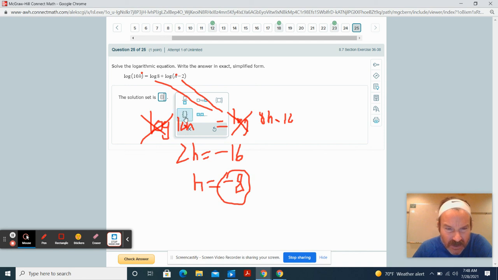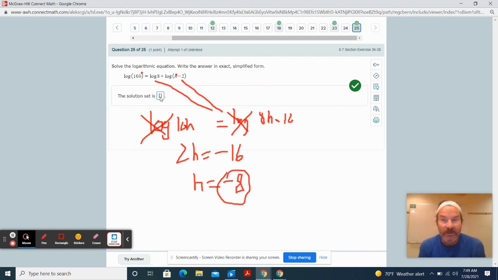There's nothing inside those two. Let me check. Yep. So if you get a solution that's negative and it makes what your logs are negative, there are no solutions to the problem. Okay. So just be careful there on the ones that don't have any solutions.